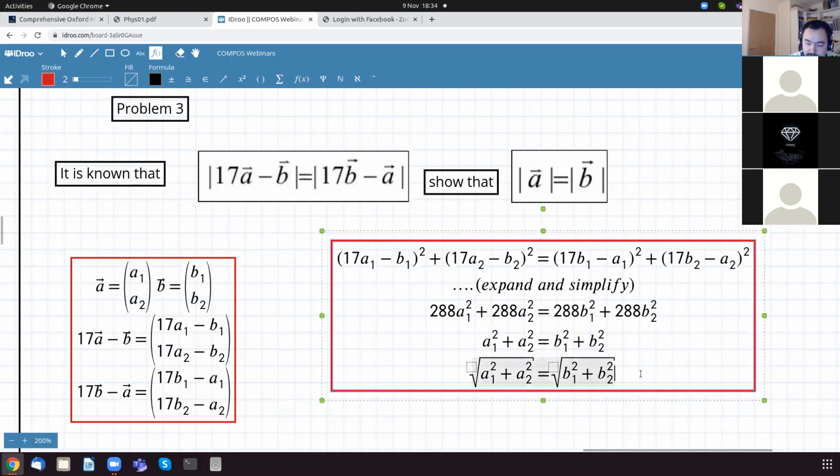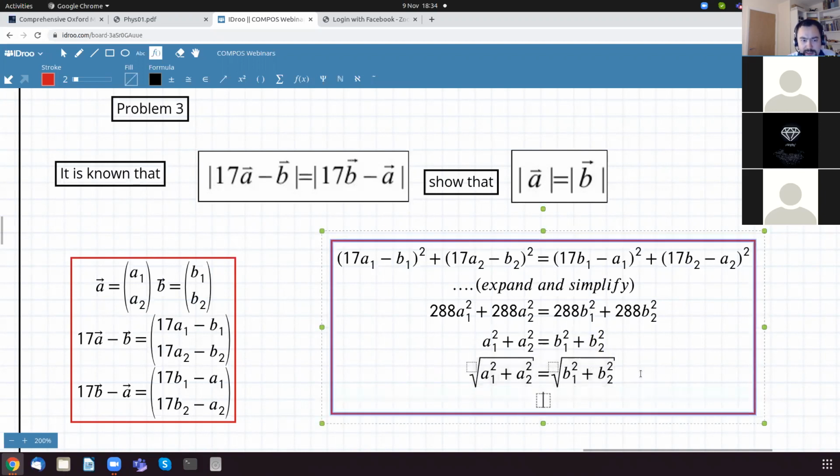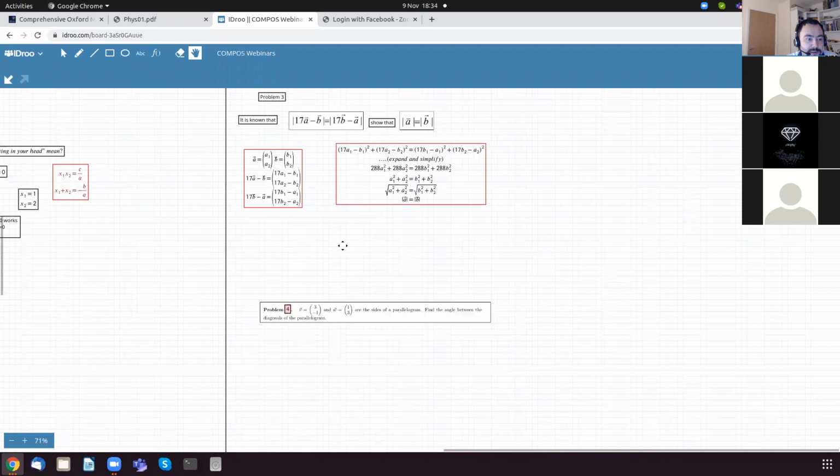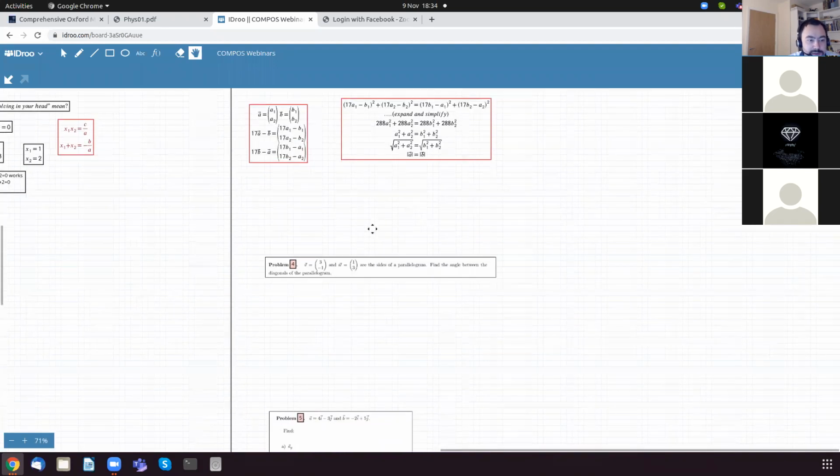But the square root of a1 squared plus a2 squared is literally the modulus of a. Modulus of a equal to the modulus of b. That's it. That's it for question 3. So you will find a very similar question in your assignment.